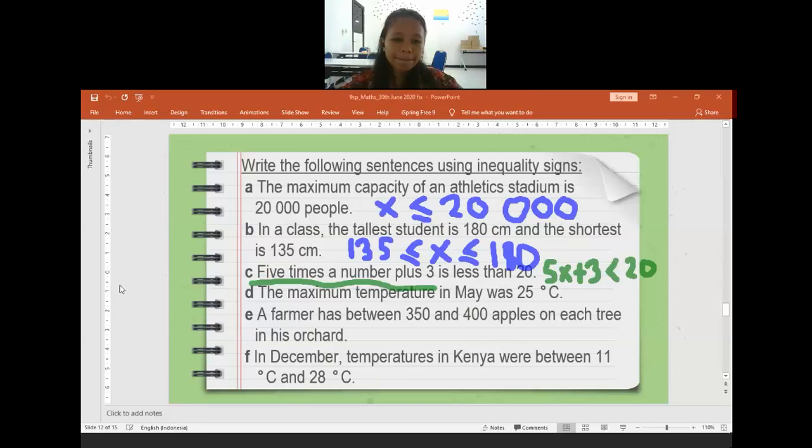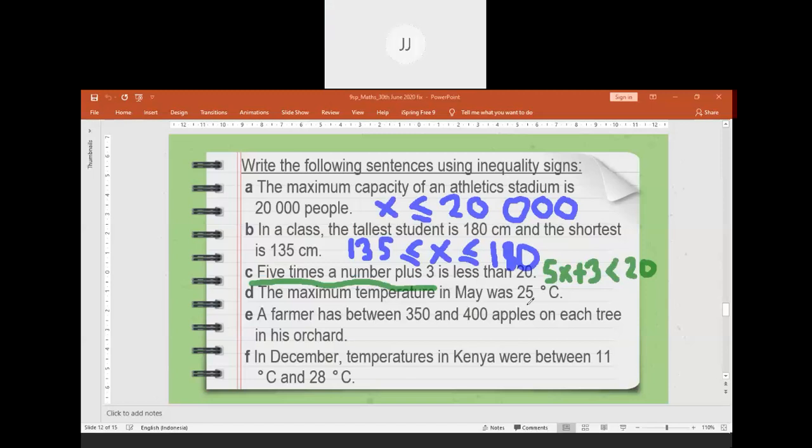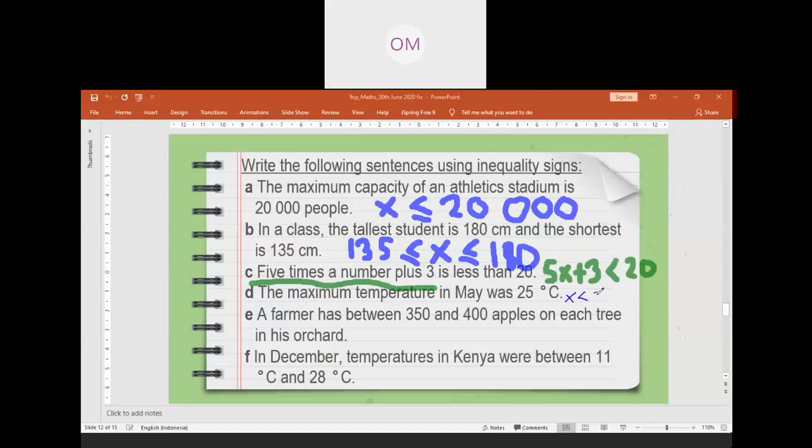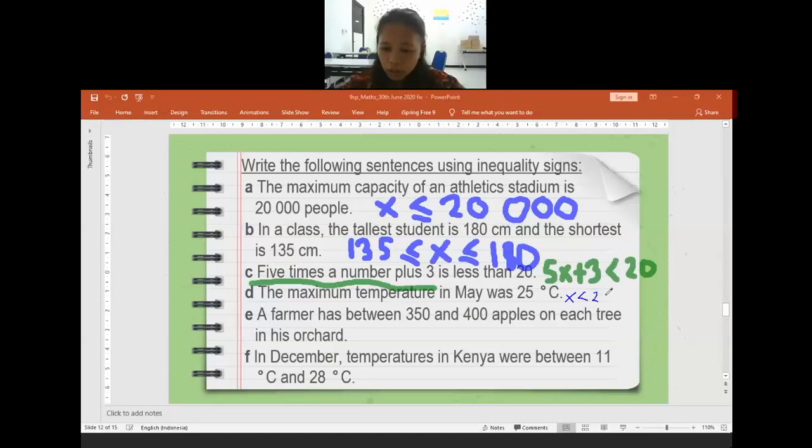So how do we write it? x, less than or equal to 25. Yes, it says equal because the maximum temperature was 25, so it means there is a temperature where it is 25 degrees.